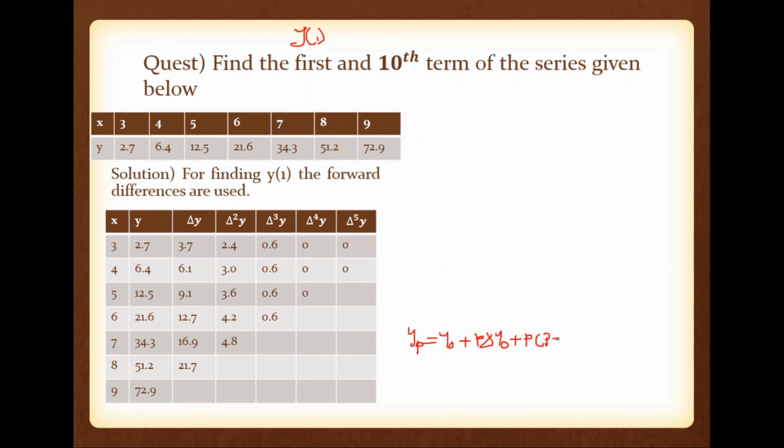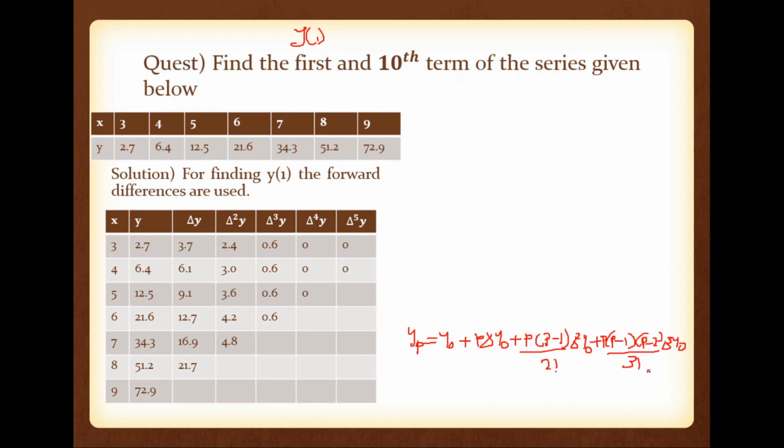So this is very important, this is minus 1 because we are using forward extrapolation, divided by 2 factorial into delta square y0 plus p into p minus 1 into p minus 2 divided by 3 factorial into delta cube y0.